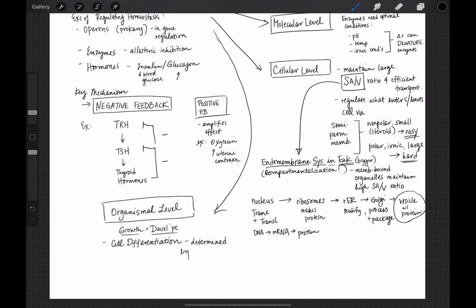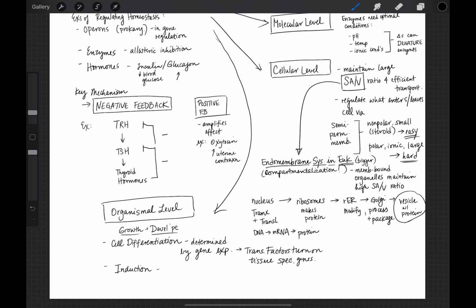It's possible because you have differential gene expression that turns on different transcription factors, and those transcription factors turn on tissue-specific genes. Cell differentiation is determined by gene expression, which turns on transcription factors, and those transcription factors find promoters for specific genes.